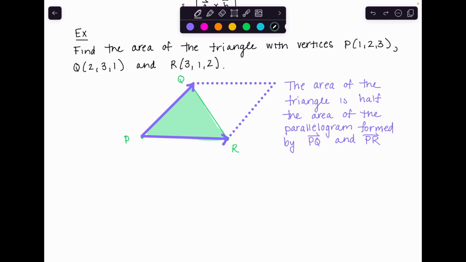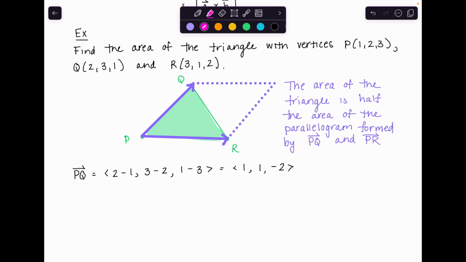So remember, if I want to find these vectors, all I'm going to do is take the terminal and subtract the initial. For PQ, I'm working with these two. I want to do Q minus P. So the first component is 2 minus 1, the second component is 3 minus 2, and the third is 1 minus 3. So this vector is (1, 1, -2).